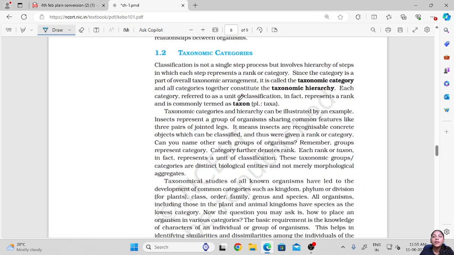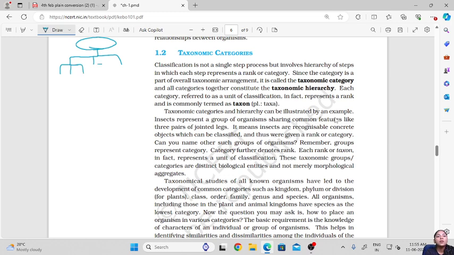The next part is taxonomic categories. Classification of such a vast variety of organisms is not a single step process. It involves a hierarchy of steps. This is how we classify anything. First we have a vast group of organisms. We try to divide them into 2 or 3 groups.